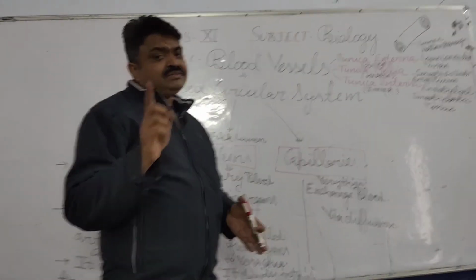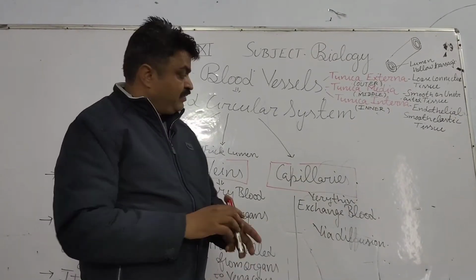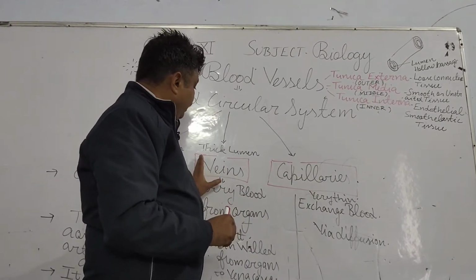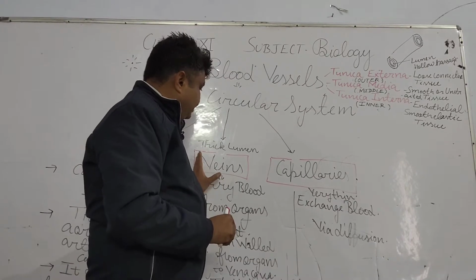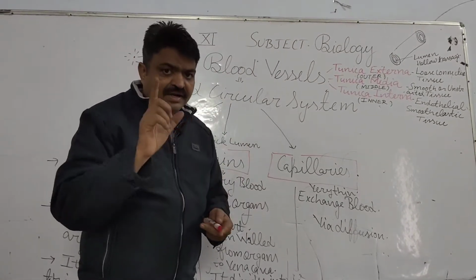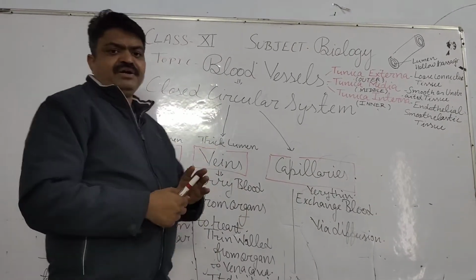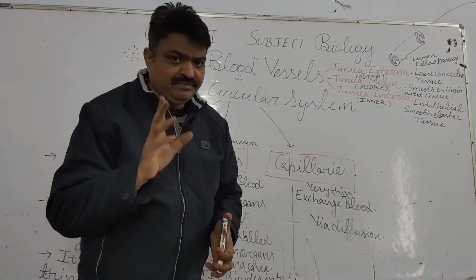The pulmonary artery has deoxygenated blood. But in the veins, again there is one exception, that is the pulmonary vein that is attached to the heart, and that has oxygenated blood, means pure blood.